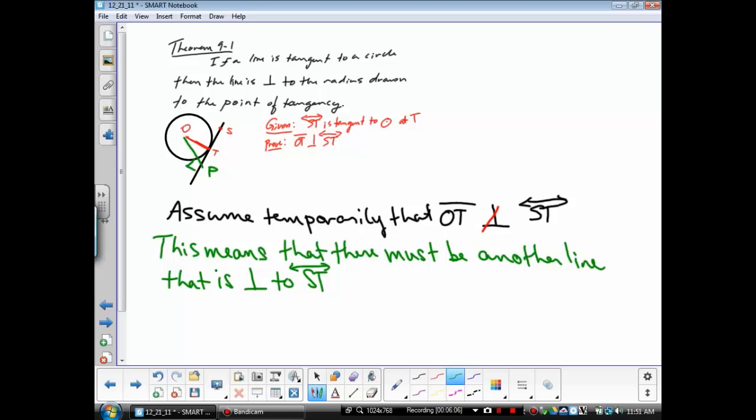So there has to be a line through O perpendicular to line ST. We're going to call the point where it intersects ST, P.